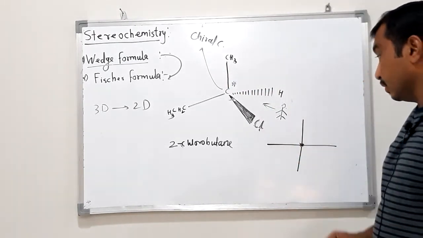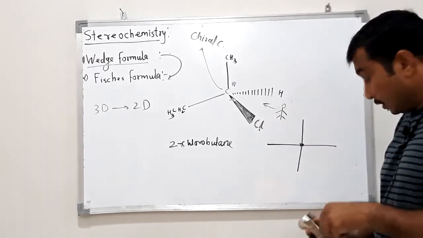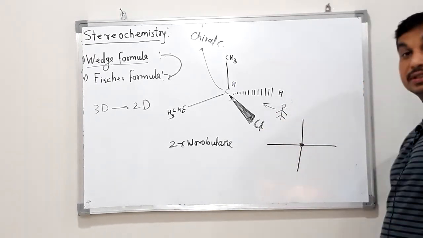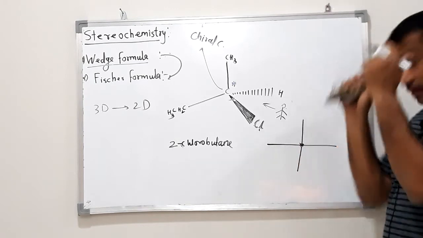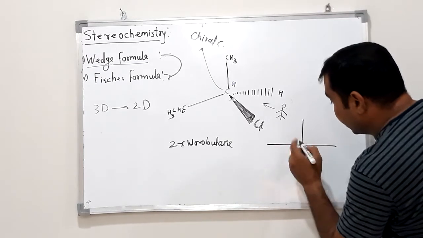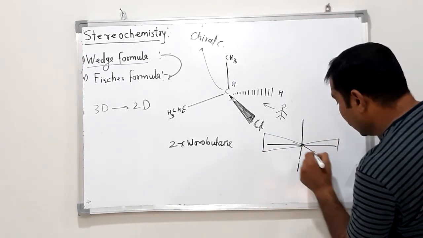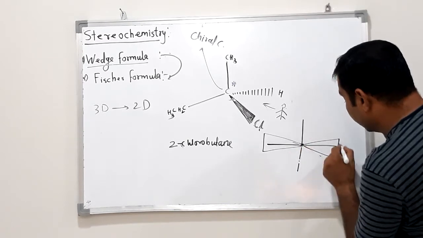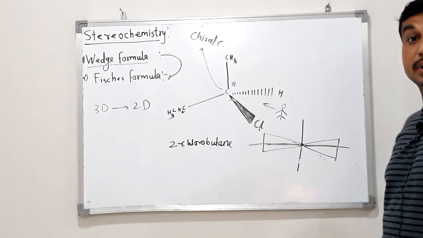Then there is one rule: these horizontal valencies are above the plane, toward the observer.